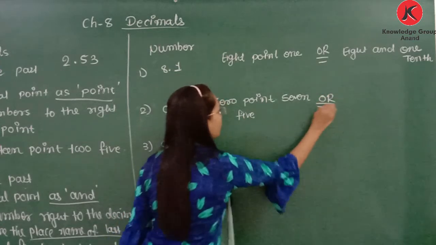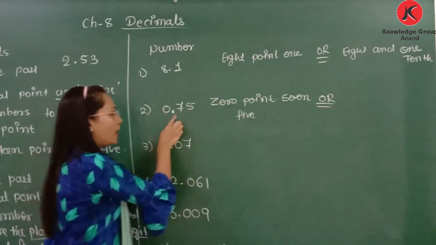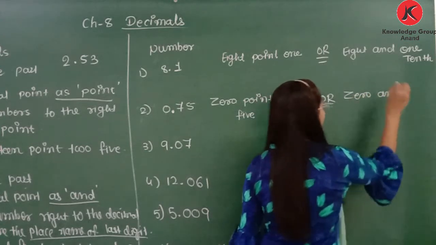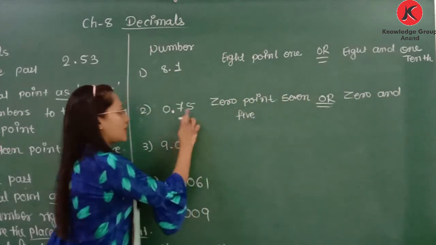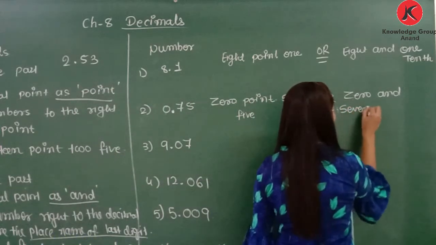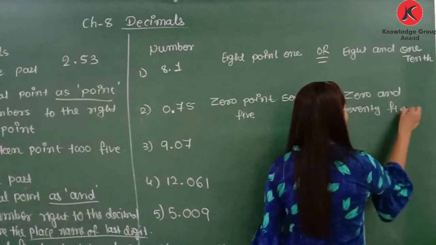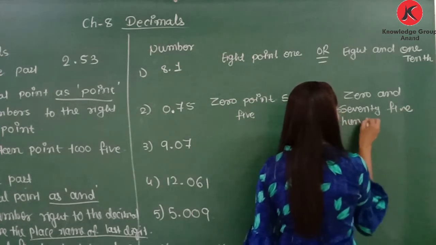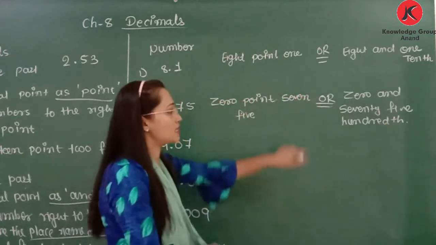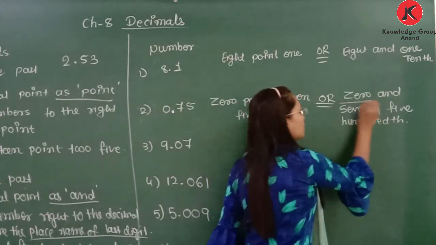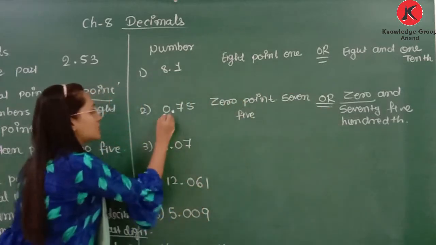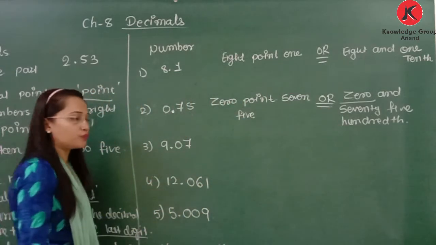Or we can read it as 0 and 75 hundredths. Or you can directly write it as 75 hundredths. You can skip the 0 and, because 75 hundredths is nothing but 0.75. Clear?